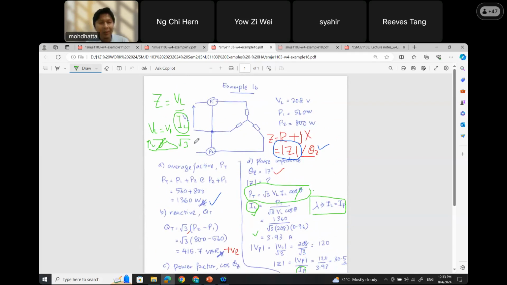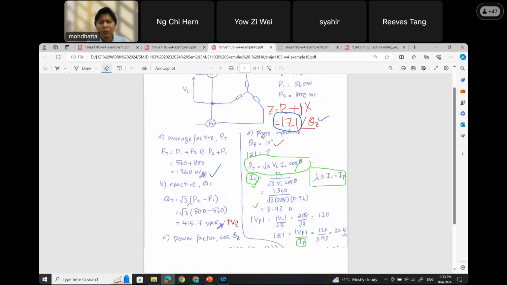Anyway, it might get you confused later on. So my advice is to start with phase. Anything that I do in terms of finding my impedance, of course, the impedance is connected at each phase, so I will try to use the phase information.